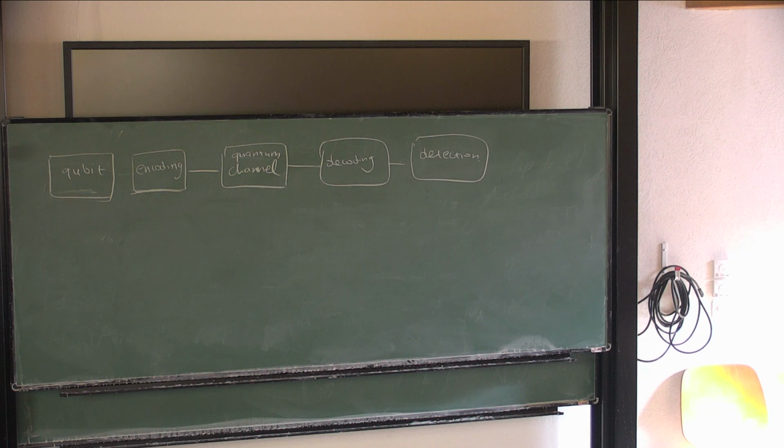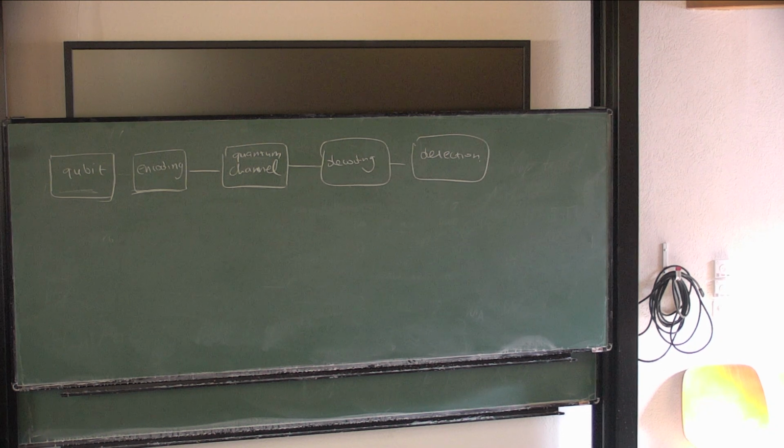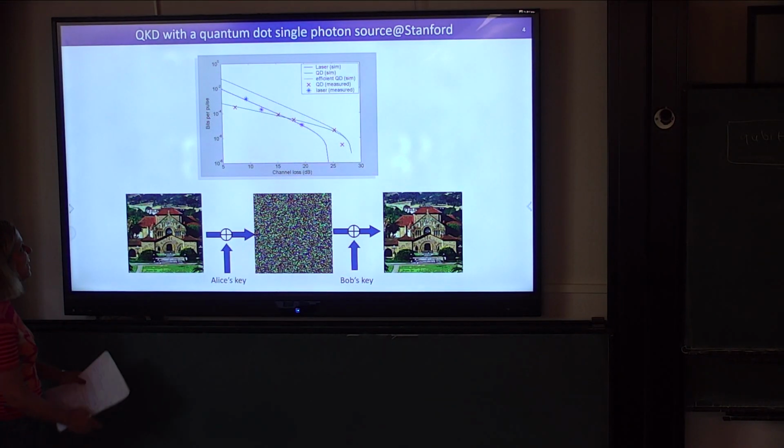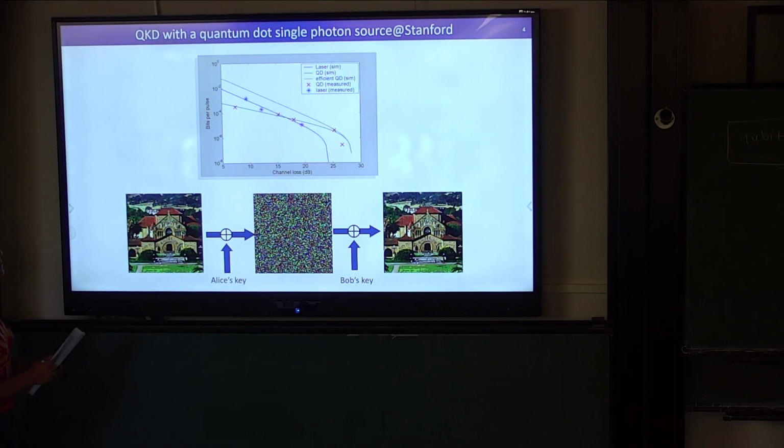I couldn't help giving you a glimpse of my life as a very young PhD student, when this was the experiment. I did my PhD at Stanford in the US several years ago. The experiment that the older PhD student I was working with at that time was doing was exactly this: a QKD with a quantum dot single photon source.